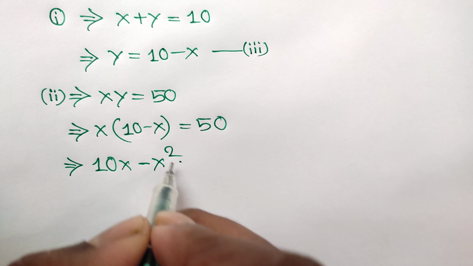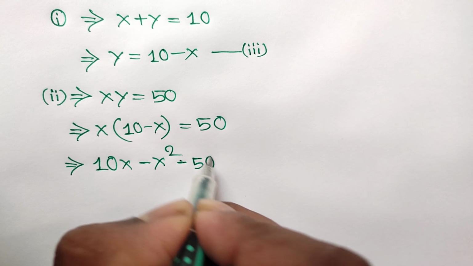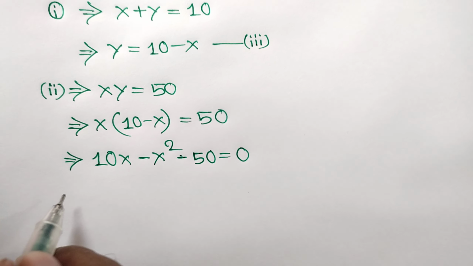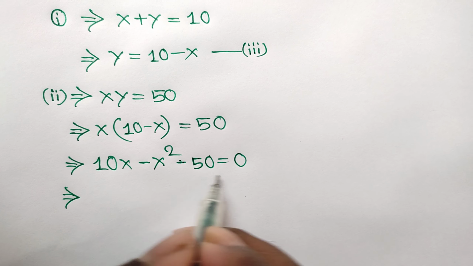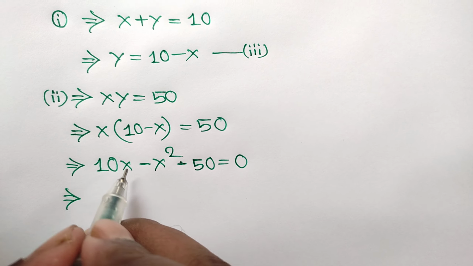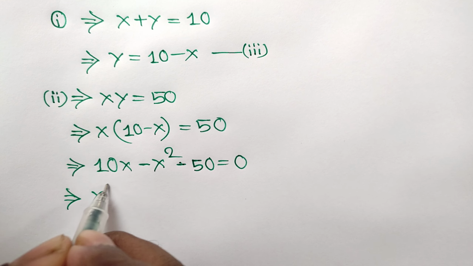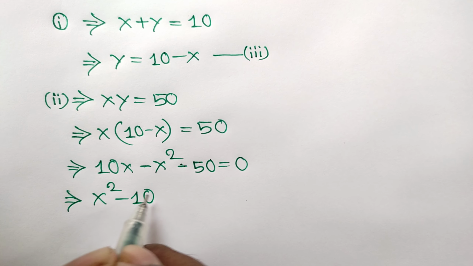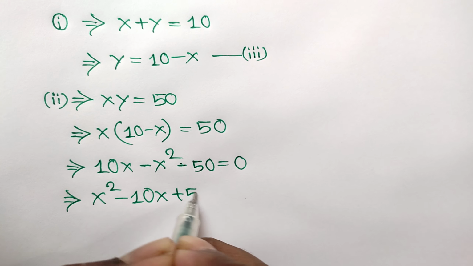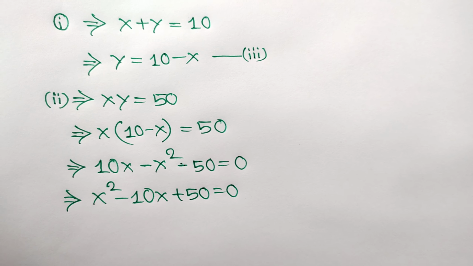Taking this 50 to the left side we get negative 50 is equal to 0, or now multiplying both sides by negative 1 we will get x square minus 10x plus 50 is equal to 0.